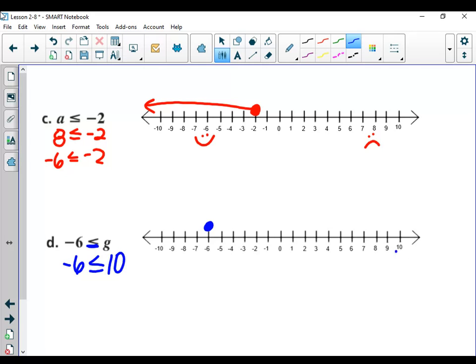Yep. -6 is less than or equal to -10. Nope. Don't go left. Go right.